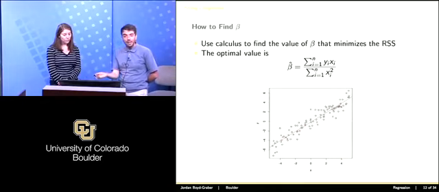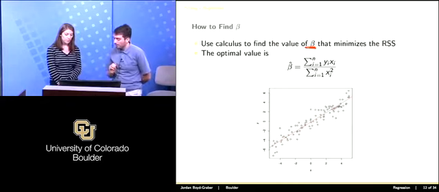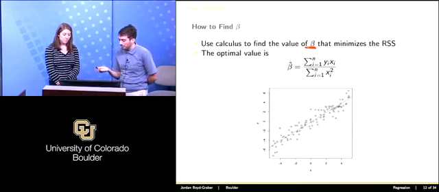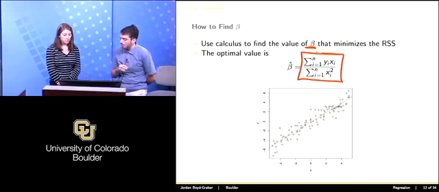And so you can use calculus to figure out that the value of your coefficient that minimizes the residual sum of squares is this. We'll see the linear algebra form of this in a second, but this is relatively straightforward to compute when your data set is of a reasonable size.